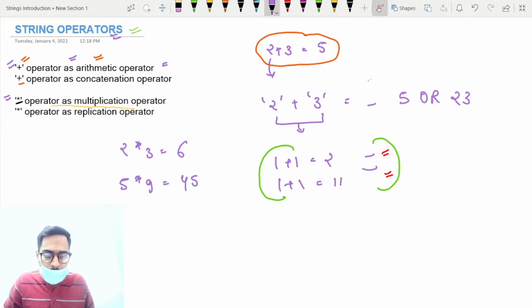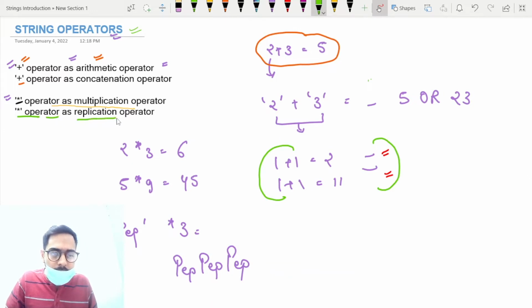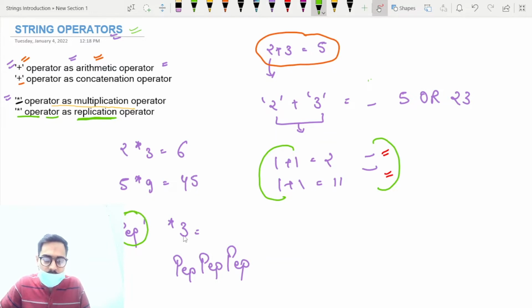But if you write pep multiplied by 3, it will give you the output pep pep pep. This is multiplication as a replication operator. It repeats the string x times, where x is what you have defined. In this case it is 3, so the string has repeated itself 3 times.